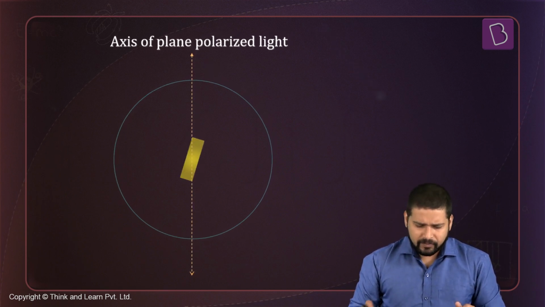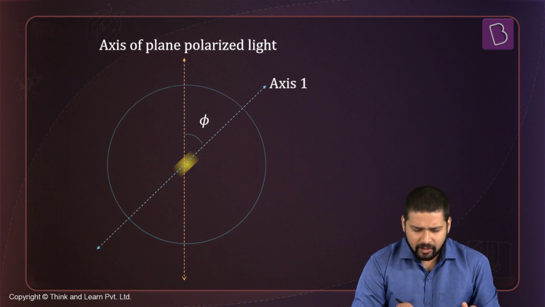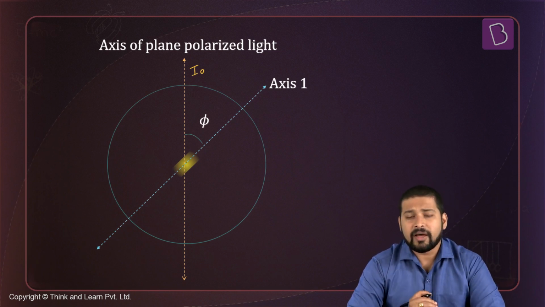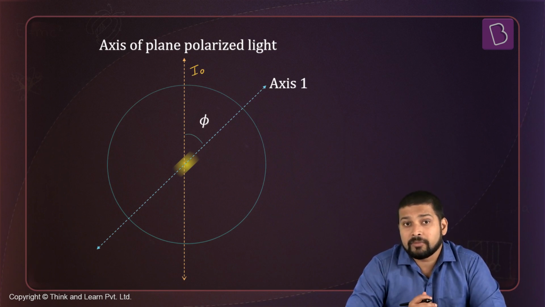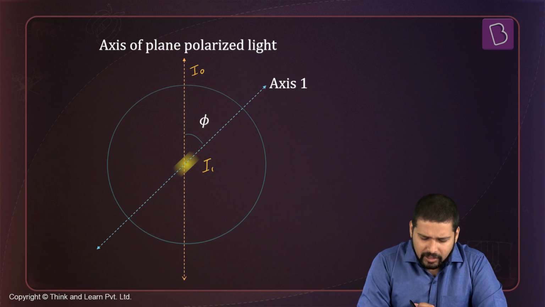So let's do this. It's given that you are tilting this by an angle of phi. Initially the value of intensity was I naught, when it was just plane polarized light. And once it comes out, the intensity becomes I naught by 10.